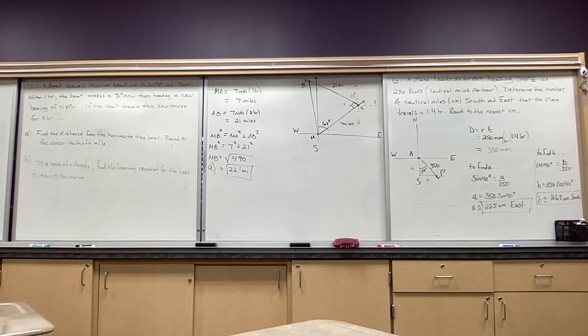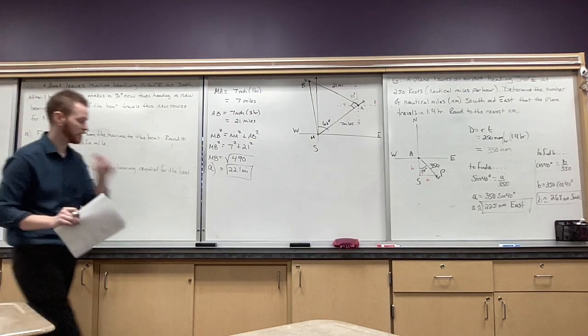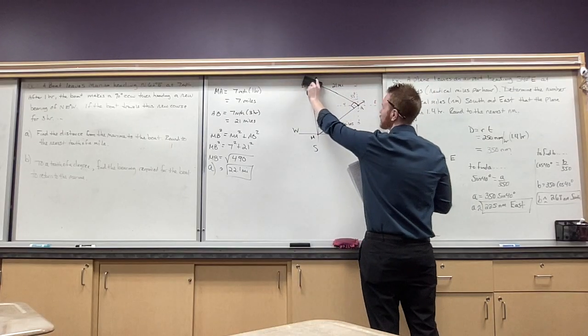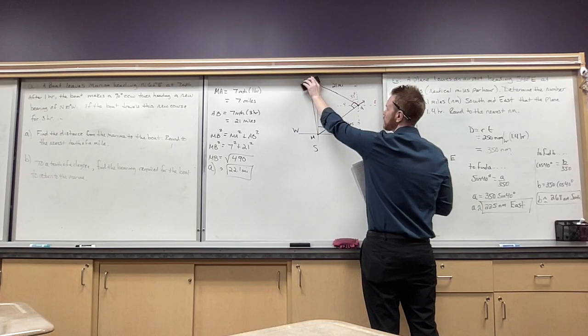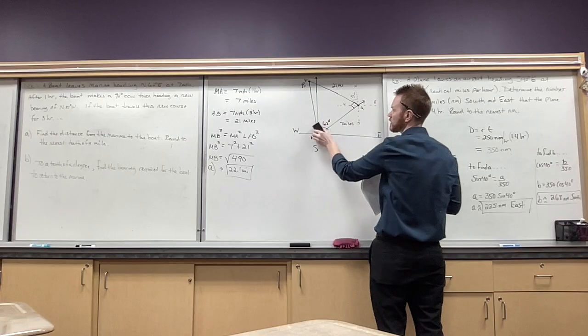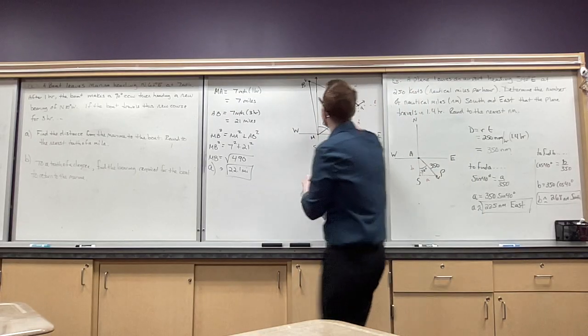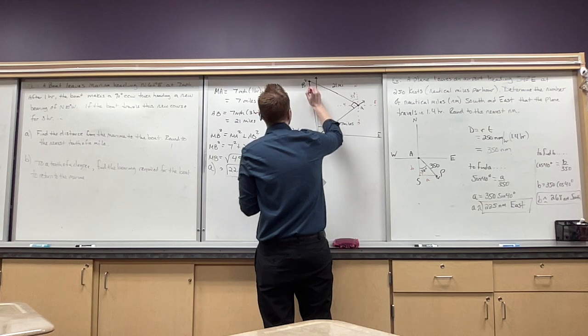Now, part B. We want to know what direction the boat has to head in to make it back to the marina. Obviously, the boat's this way, so the boat has to make some turn to make it back to the marina. I'm going to draw my new north-south lines here.